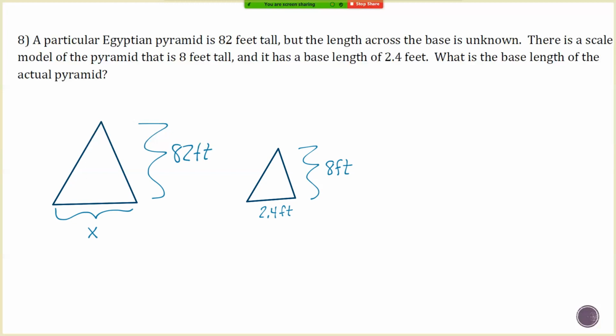You can do it that way as long as you're consistent for the other side of your proportion. So you said you took 8 over 2.4? Yeah. So you did the height of the little one divided by the base of the little one. So for your second proportion, if you're doing it that way, you have to do the height of the big one, which is 82.